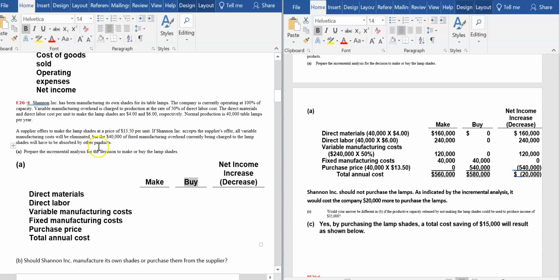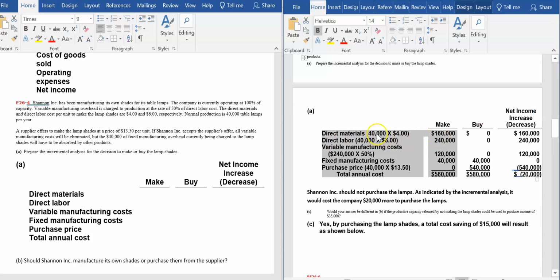In order to do that, we will compare the cost to make it to the cost to buy it. If they choose to make the lampshades, they will be incurring direct materials and direct labor costs of $4 per unit for materials and $6 per unit for labor. 40,000 units at $4 per unit for materials, $160,000.